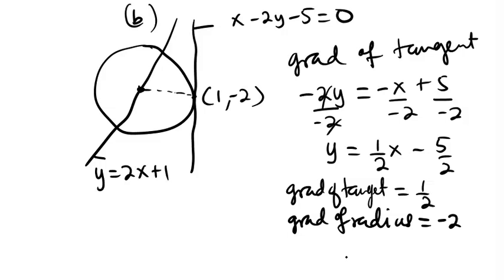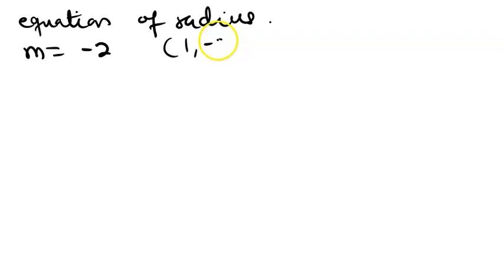Then we need to form the equation of the radius. We need to get the equation of this line. That's the radius, and the radius intersects with this line. So by solving the two equations, we can get the coordinates of the center. For the equation of the radius, we know m to be -2, and the radius also passes through the point (1, -2).